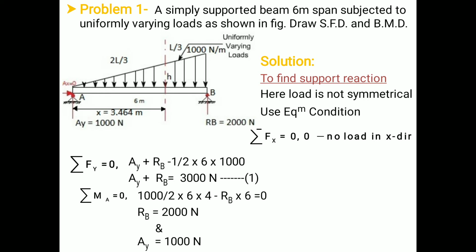Now another question is that, as we have converted our uniformly varying load into the point load by using formula 1/2 into base into height, what should be the location where it will act?